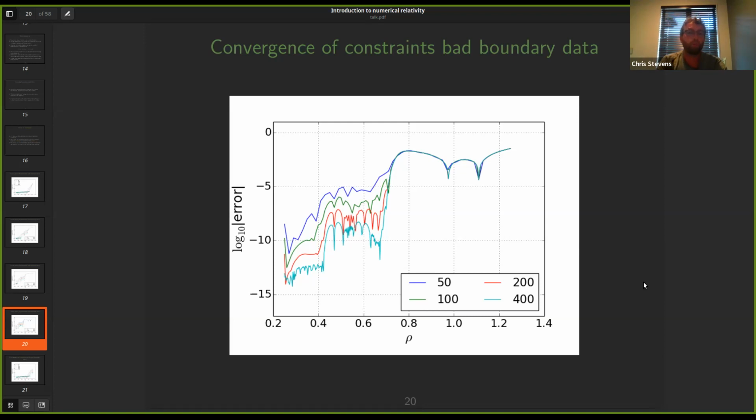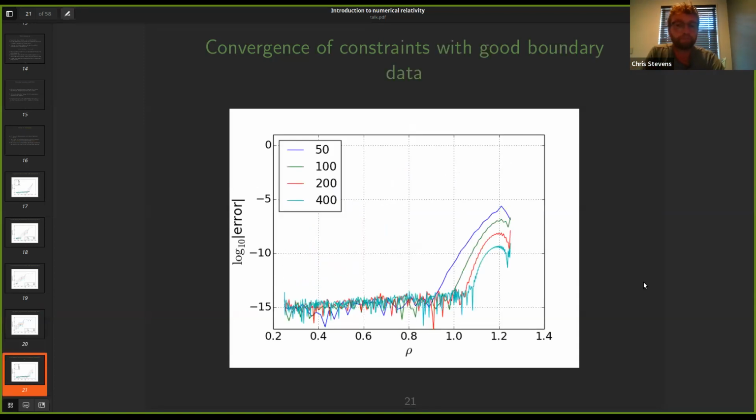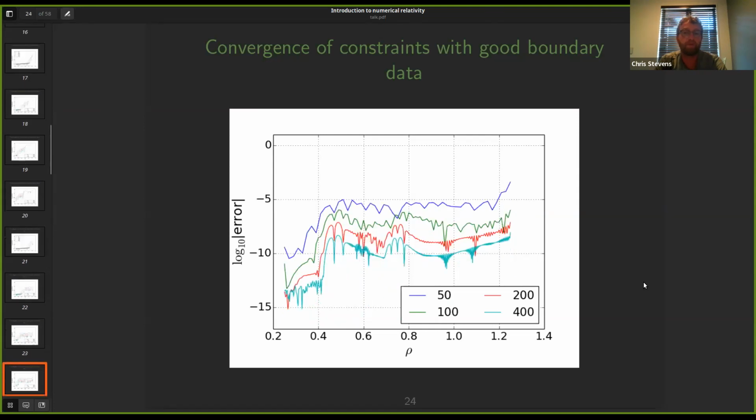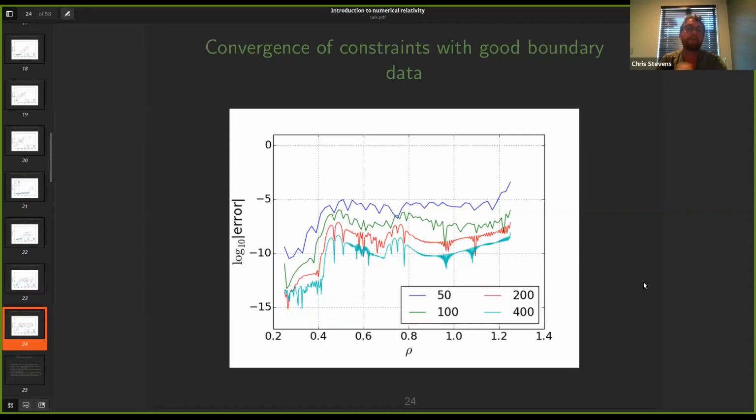So what we did was choose boundary conditions in such a way that this ingoing mode was zero, and looking at the exact same situation but with this boundary data, we could see that over time we were getting much better convergence, or convergence to zero.